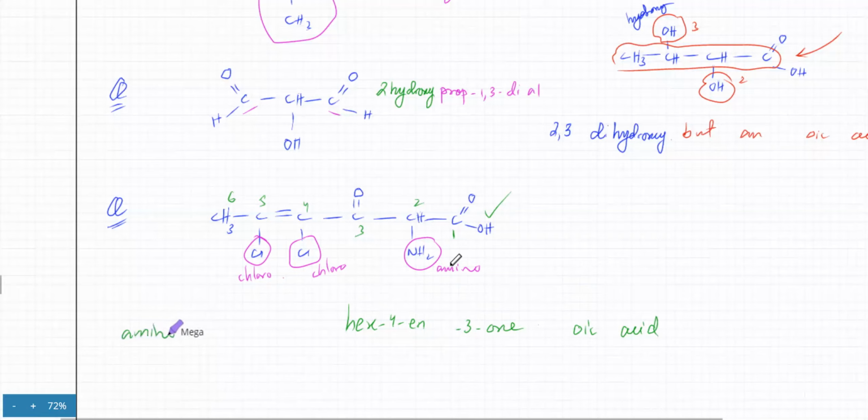So branches would be alphabetical, and it would be dichloro because there are 2 chlorines. But you have to mention the position of each chlorine separately. So the amino is at position number 2, and the 2 chlorines are at position number 4 and position number 5. These are your branches, and this over here is your main chain.